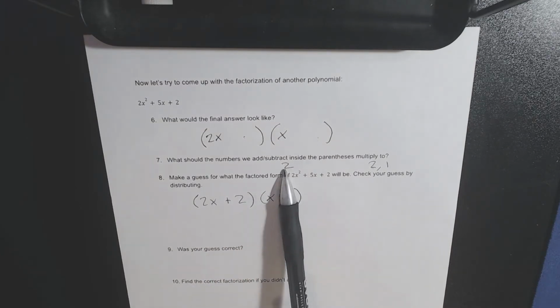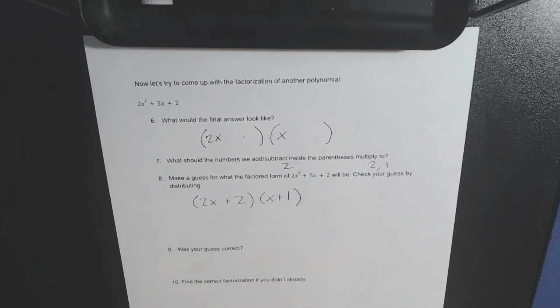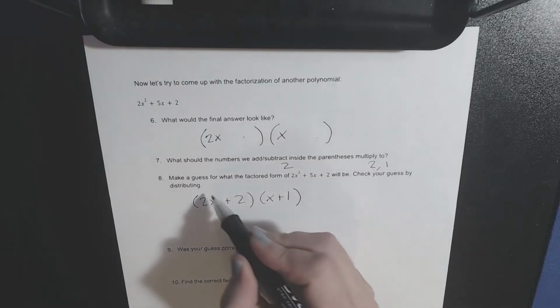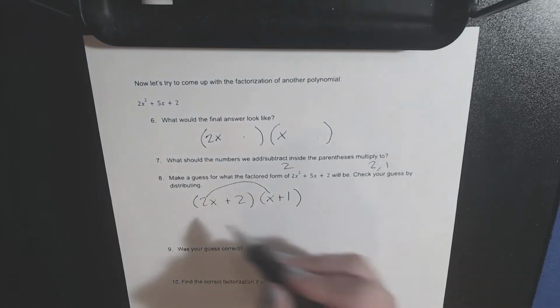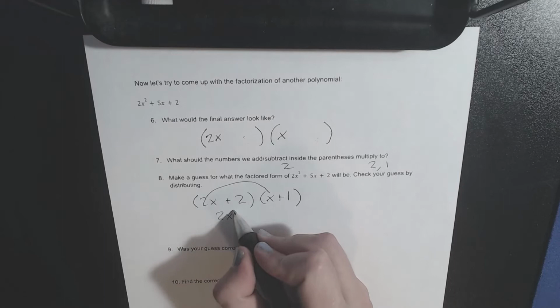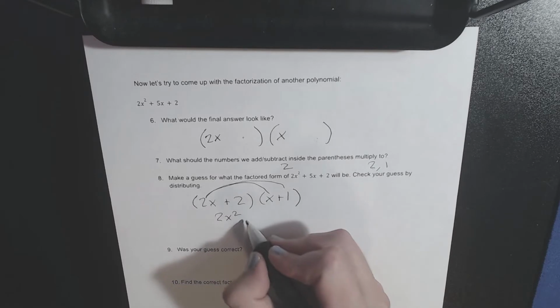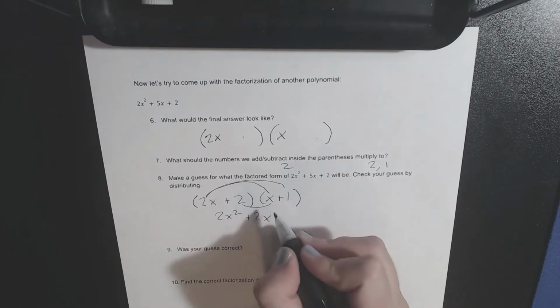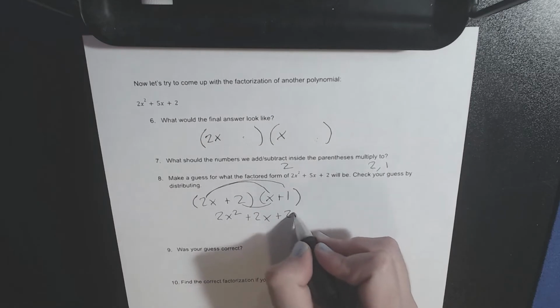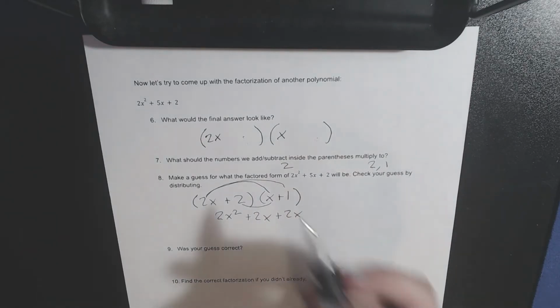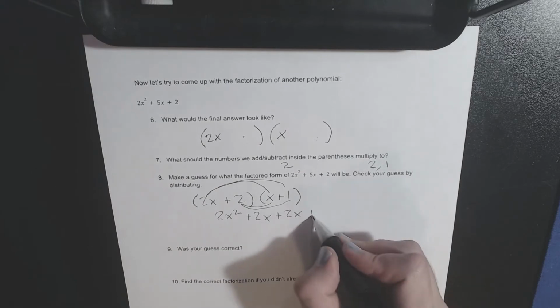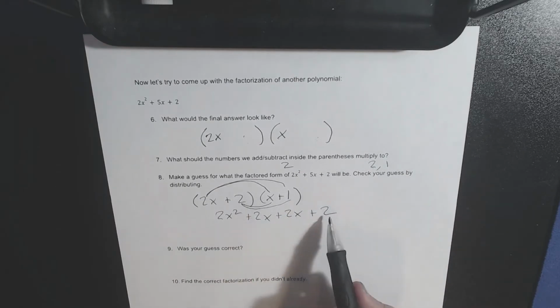I'm just finding numbers that multiply to 2, and I'm going to use those in my factored form to see if this will work. So now you can just distribute it out to check. When we distribute it, 2x times x gives us the 2x squared that we wanted, okay? And then the 2x times the 1 gives us 2x. The 2 times the x gives us 2x. At this point, you don't really have to do the last one, 2 times 1 is 2.